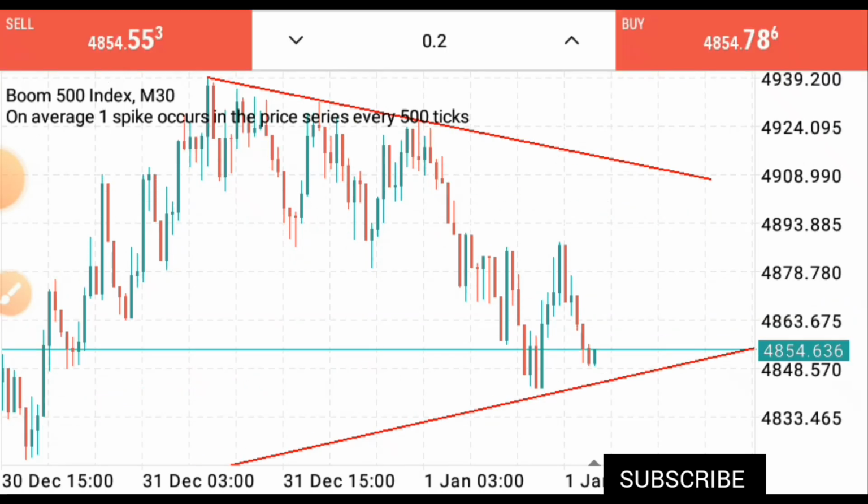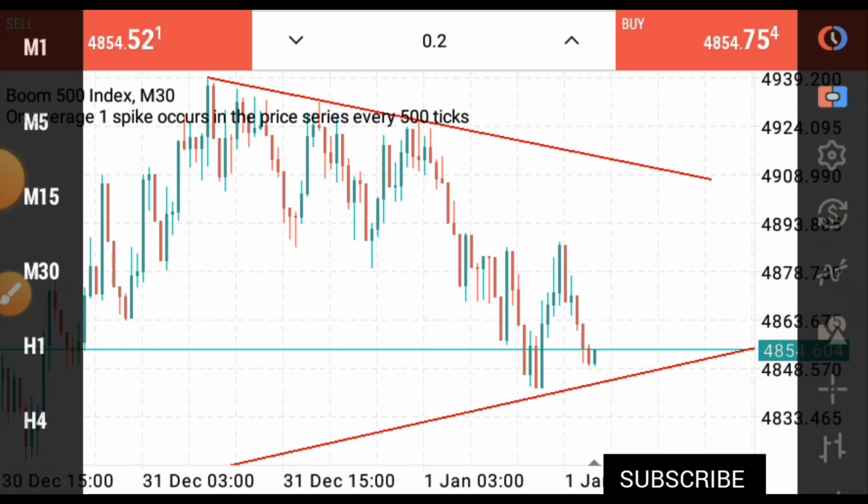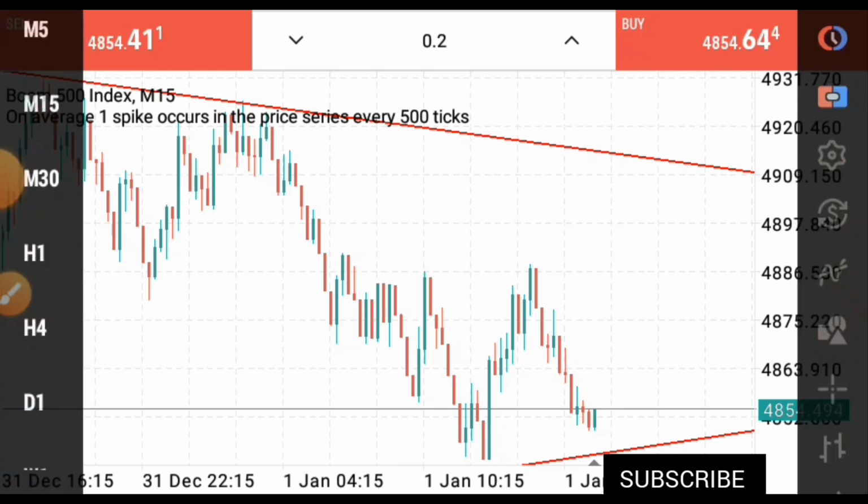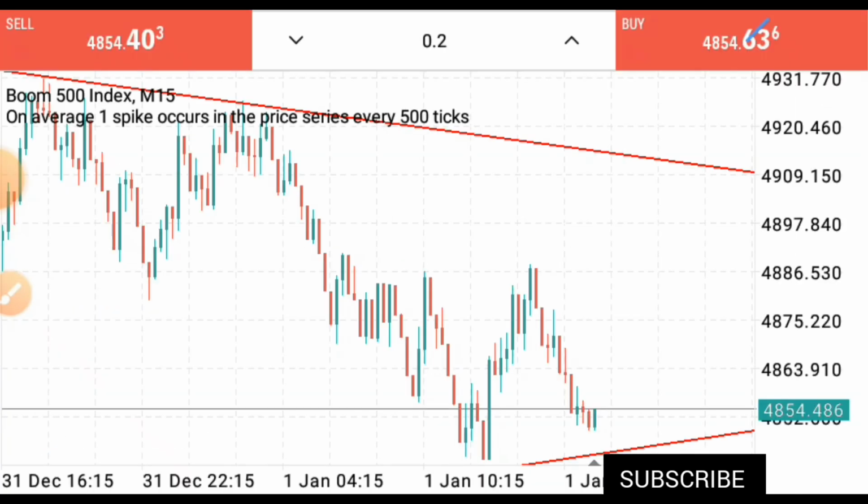As you can see here on the 30-minute time frame, there is a counter trend line above there. Now I'll move to the 15-minute time frame to see what's going on. Price is very far from the trend line, so I'll still put in another counter trend line here.